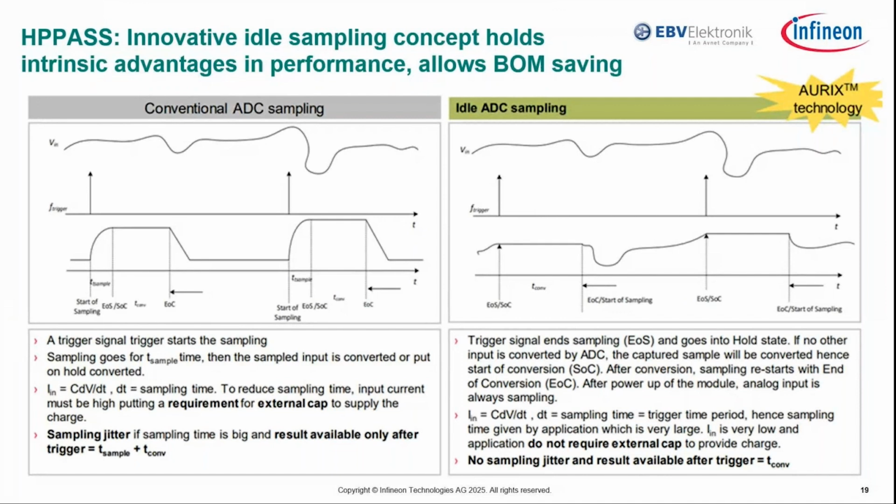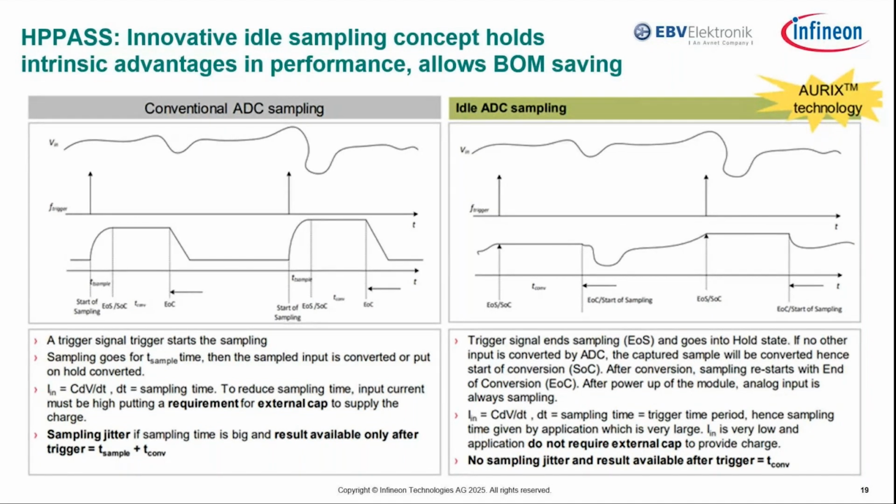During this time, the peripheral is busy. Because of this, jitter can appear in the sampled signal. If you want to increase the sampling frequency, the sampling time shortens, which requires a higher input current. This higher current demand leads to the need for an external capacitor.